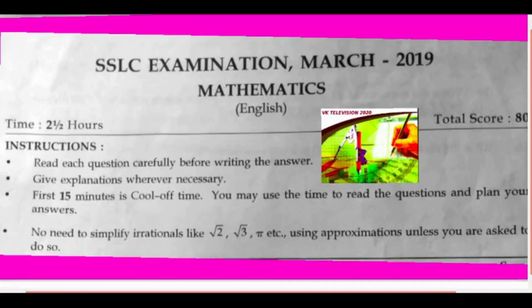Let's start. The first question. In the figure, O is the center of the circle. Angle AOC is equal to 80 degree. What is the measure of angle ABC? What is the measure of angle ADC?